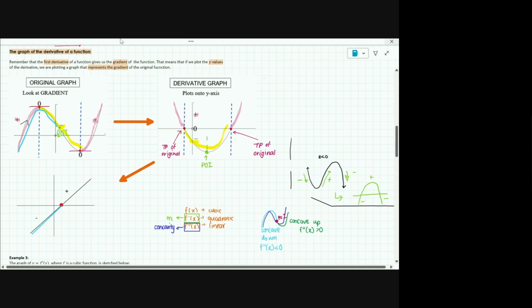If we then move after our point of inflection, we then have the happy parabola portion of my function. So that's concave up. That's where my straight line is positive. Because remember, concave up, your second derivative is positive. Concave down, your second derivative is negative. All right, so that is what this translates to directly.